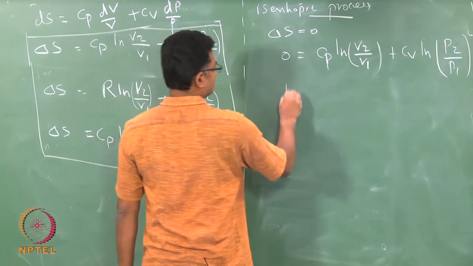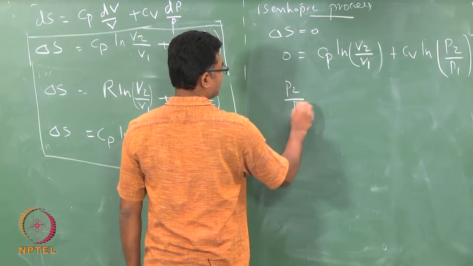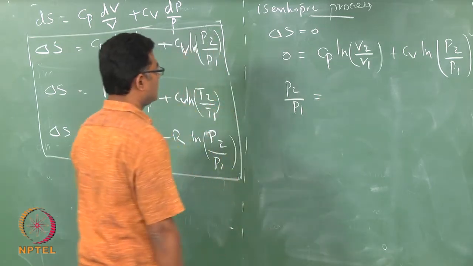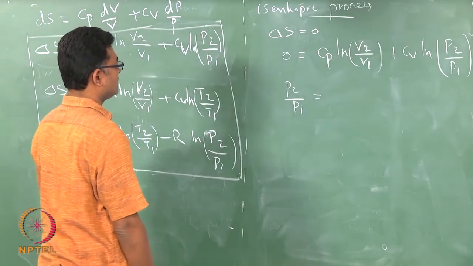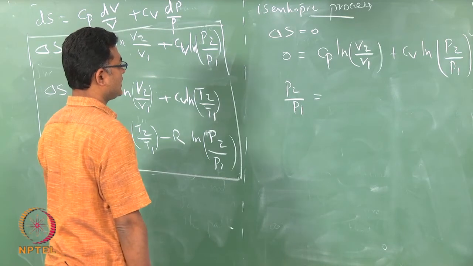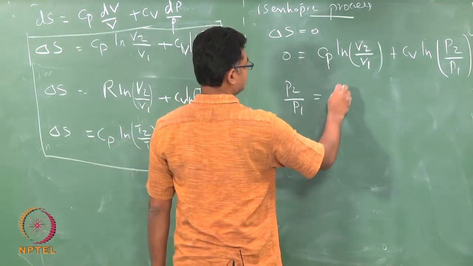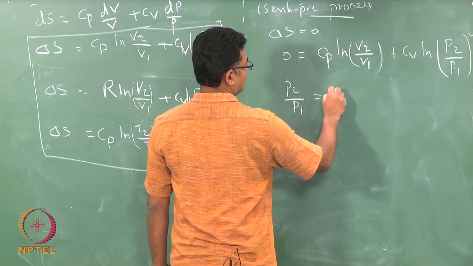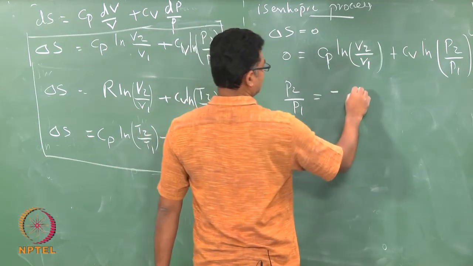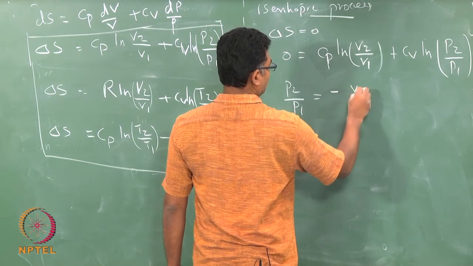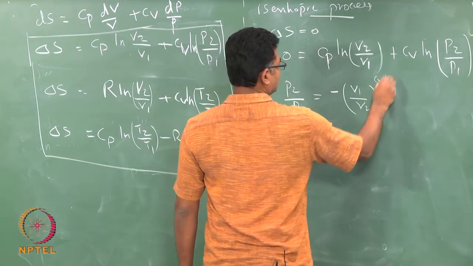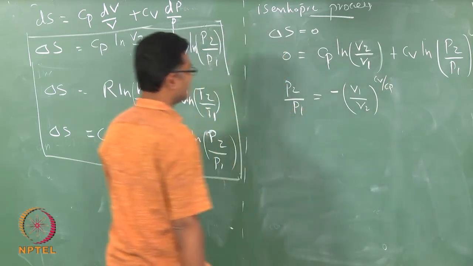Which I can write as P2 by P1 equals minus V1 by V2 to the power Cv by Cp.